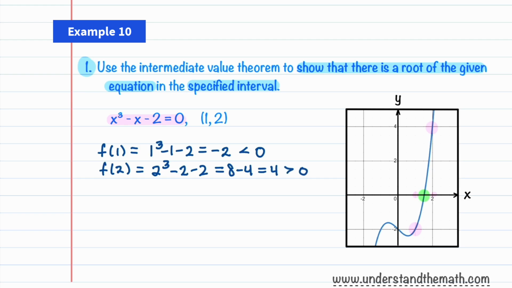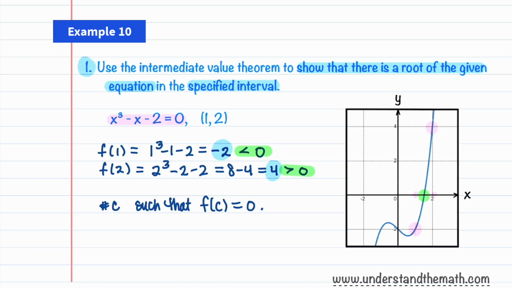Because f of 1 is less than 0 and f of 2 is greater than 0, the intermediate value theorem tells us that there has to be a number c such that f of c is equal to 0, because our function has to take on every value between -2 and 4, and 0 lies between -2 and 4.